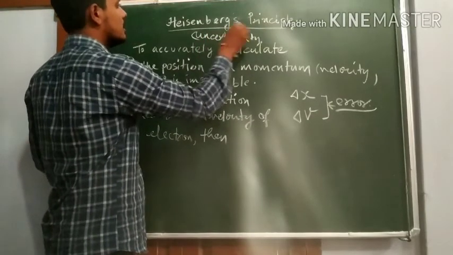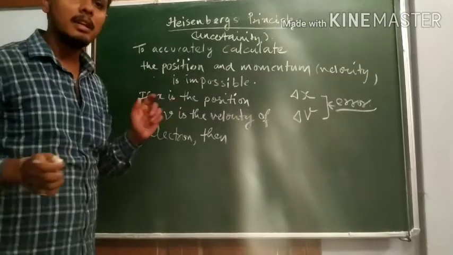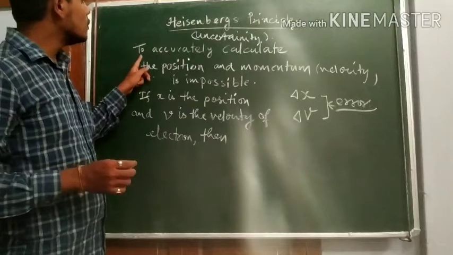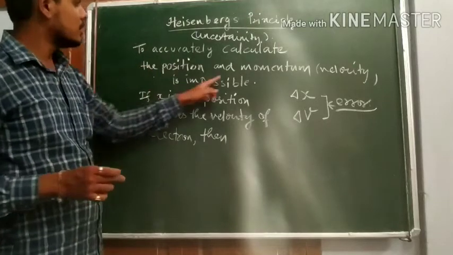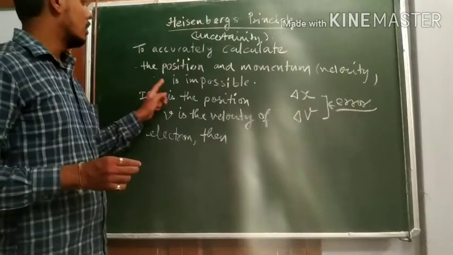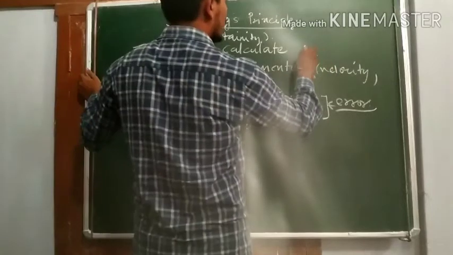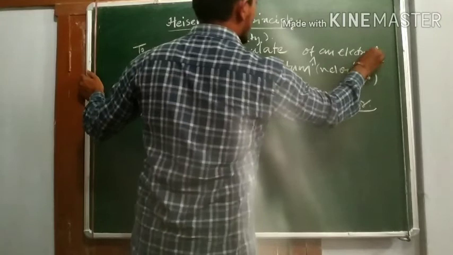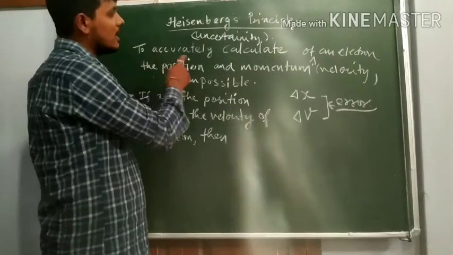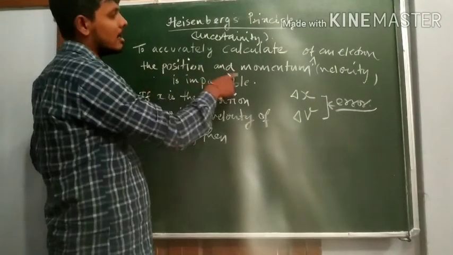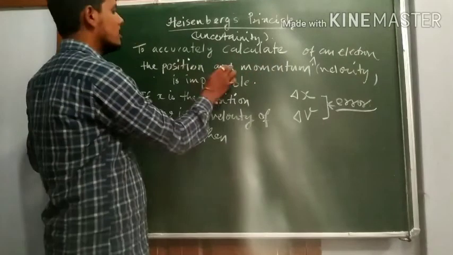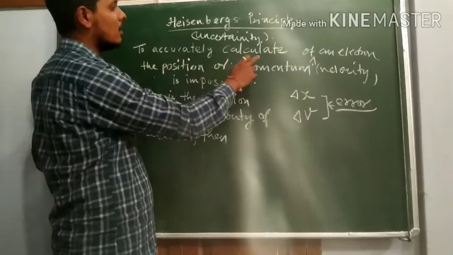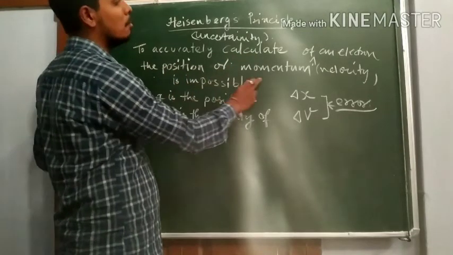According to Heisenberg's uncertainty principle, to accurately calculate the position and momentum of an electron is impossible.